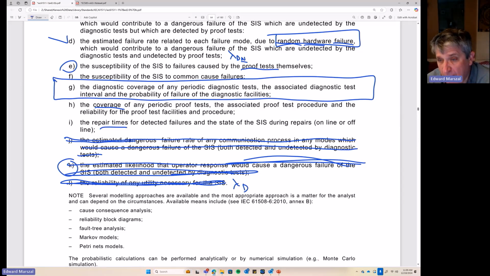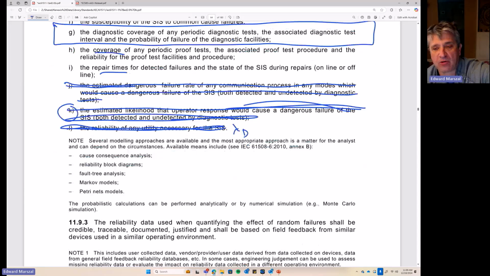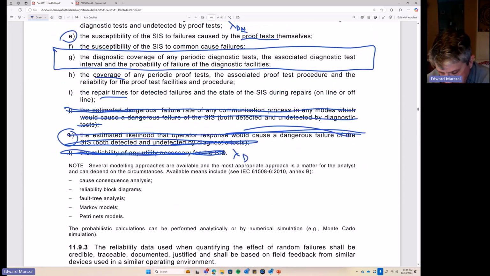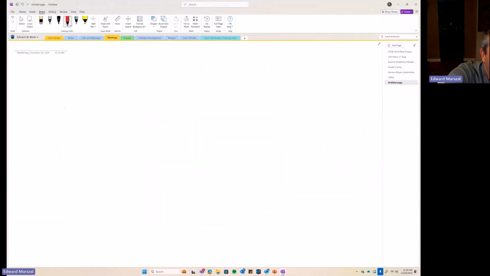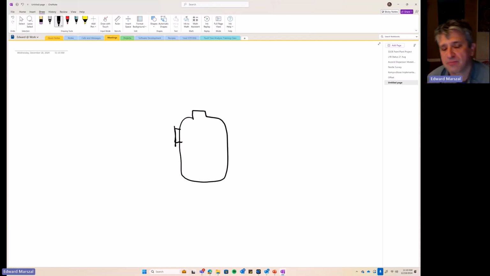So I'm going to talk about a test, a very bad test. So let's say I have a vessel. And actually over here, I'm going to have a manway on the vessel.